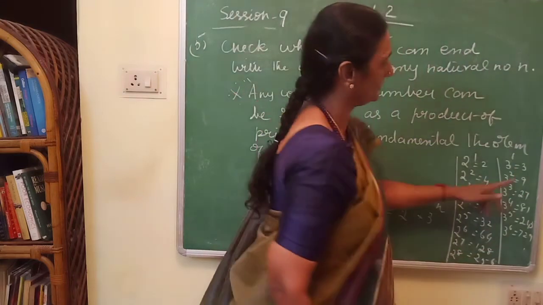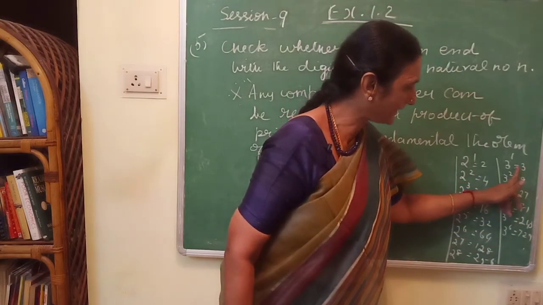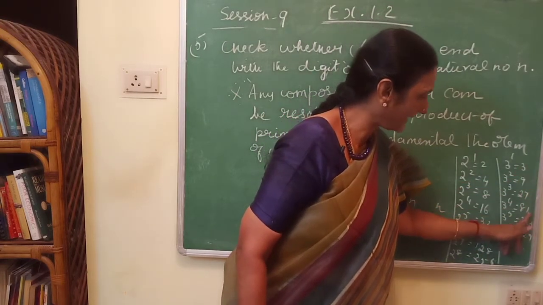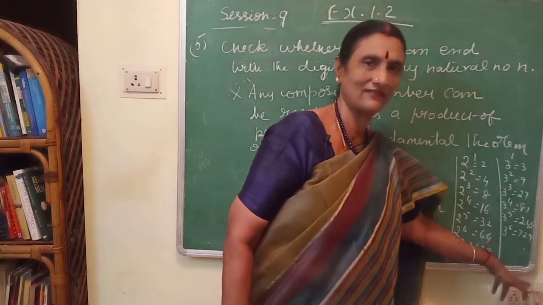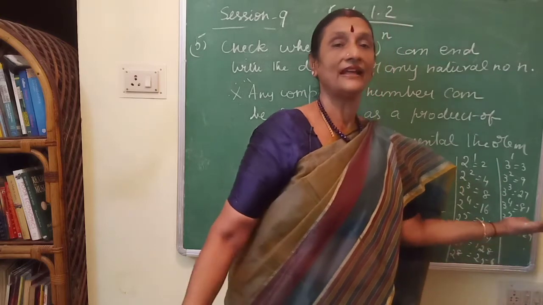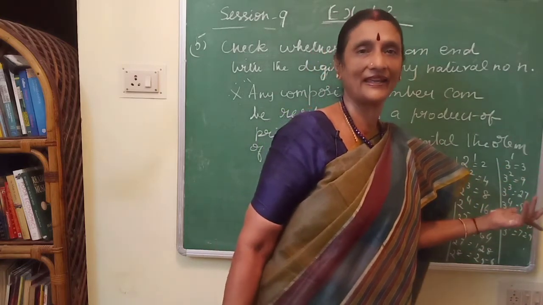If you keep writing the products, the pattern of the ending digit is 3971, 3971, 3971. That way the pattern repeats again and again.